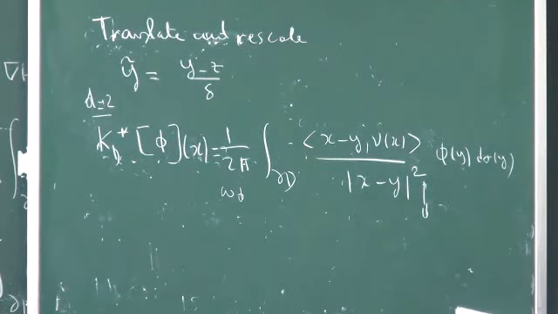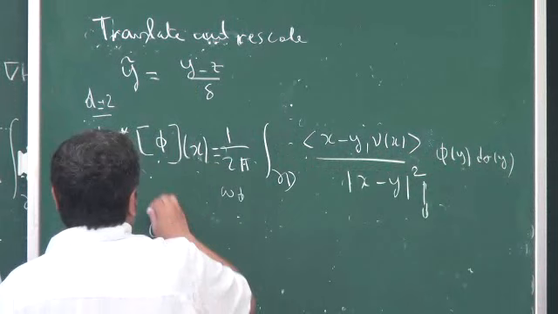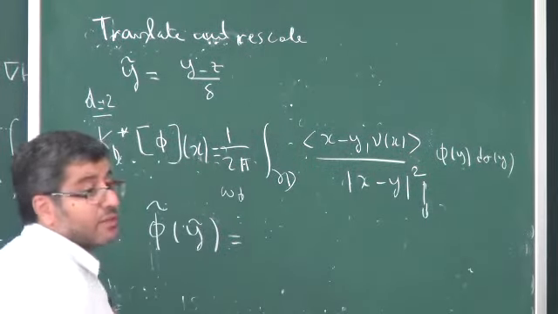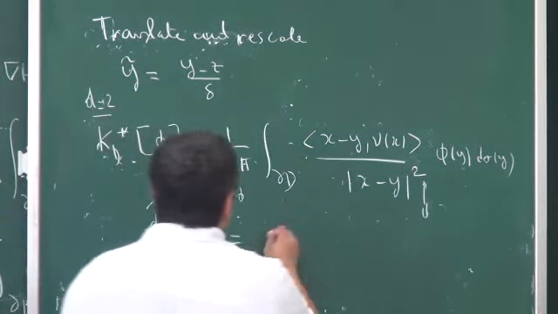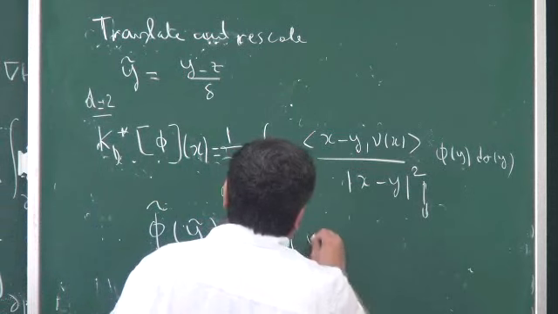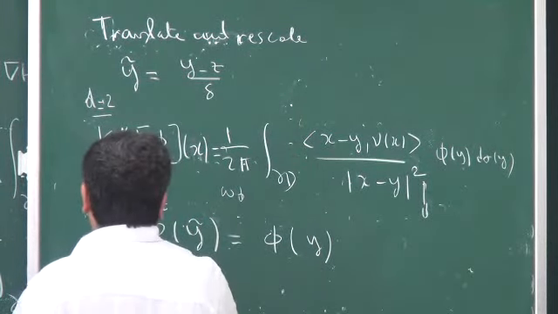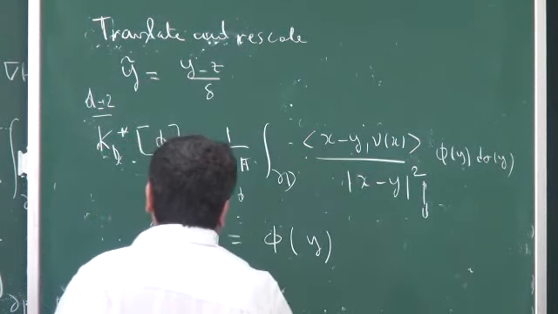Okay. So now if you make this change of variable, and you call the function phi tilde of y tilde equal to phi of y, you will get k bar star of phi at x.